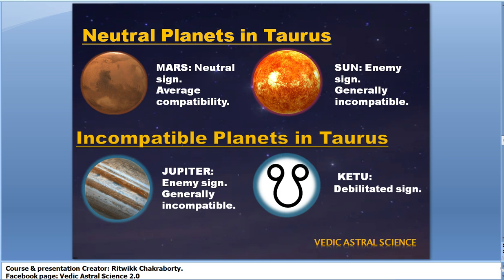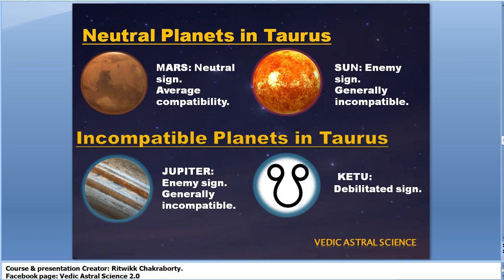So Mars is neutrally or moderately compatible in sign Taurus. And it is needless to say that things may modify as per the aspects, conjunctions, and other influences on the planet.